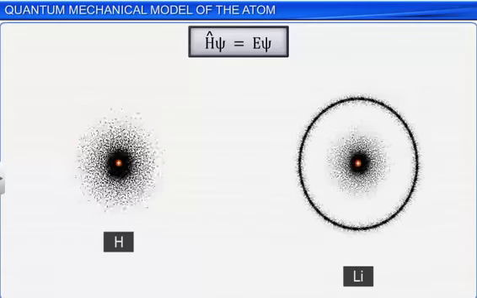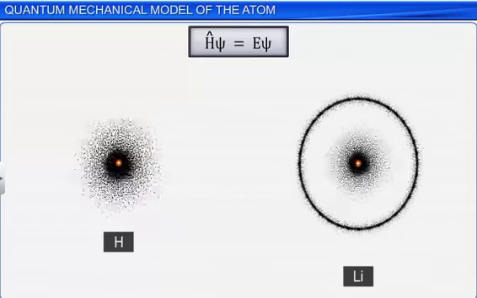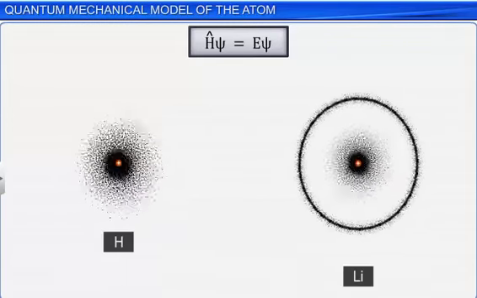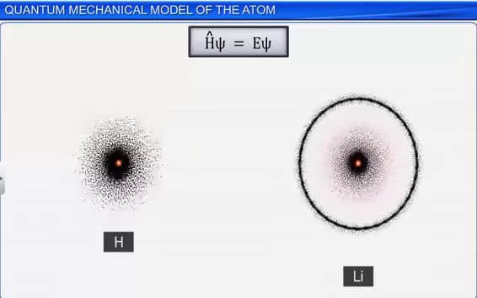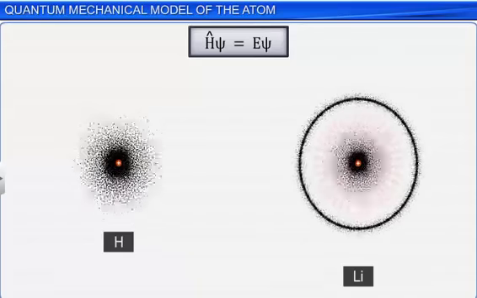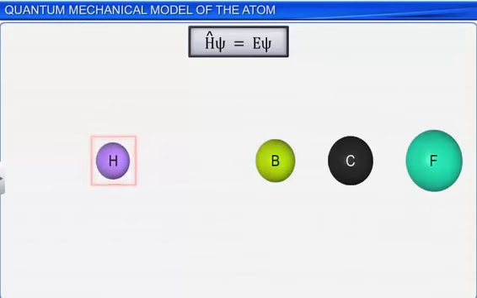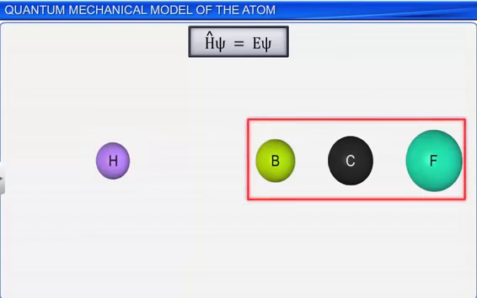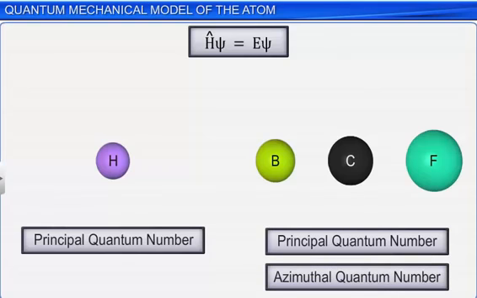The principal difference is that the orbitals of multi-electron atoms are contracted due to increased nuclear charge. In addition, unlike orbitals of hydrogen or hydrogen-like atoms, whose energies depend only on the principal quantum number, the orbital energies in multi-electron atoms also depend on the azimuthal quantum number, in addition to the principal quantum number.